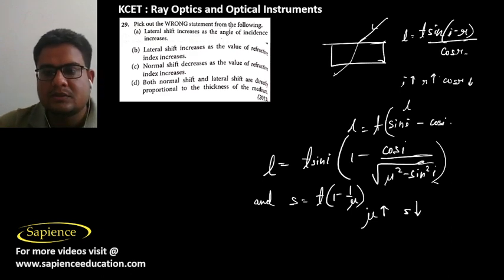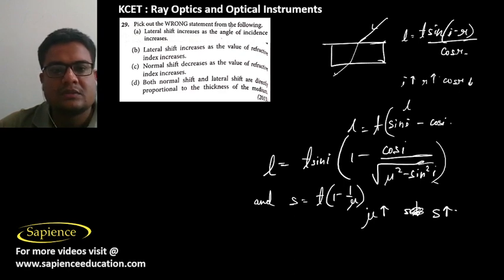Refractive index increases, then 1 by mu decreases, so the normal shift increases. So it means that B is the correct statement, but C is the wrong statement. So option C is the correct answer.